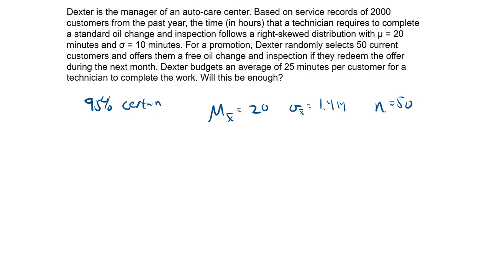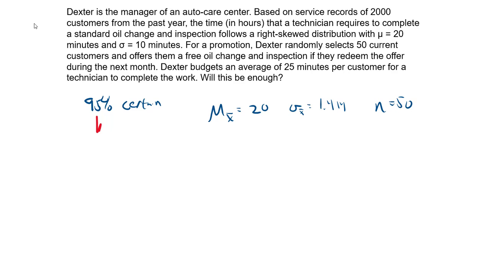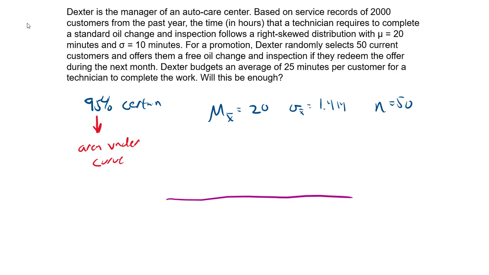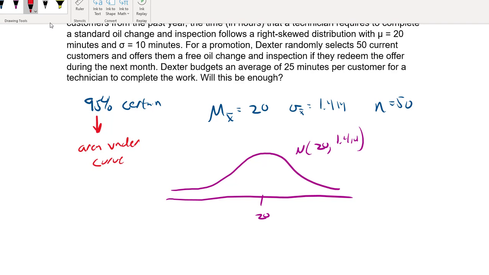In other words, this is the area under the curve. If we were to draw this out, we've got the normal curve with 20 in the middle, and we're saying red, so it's way over here.